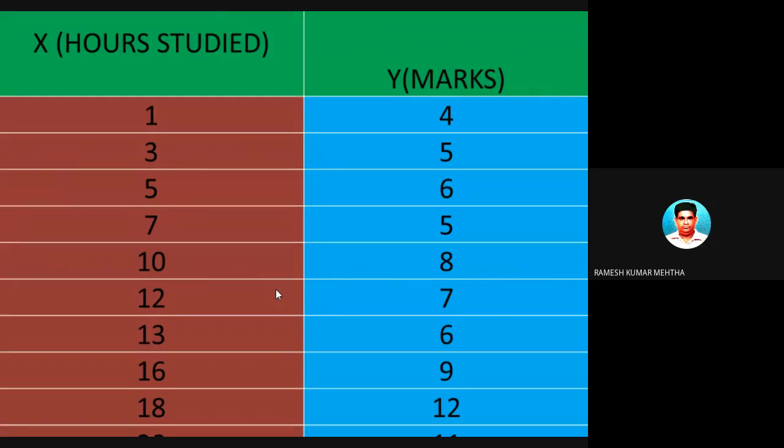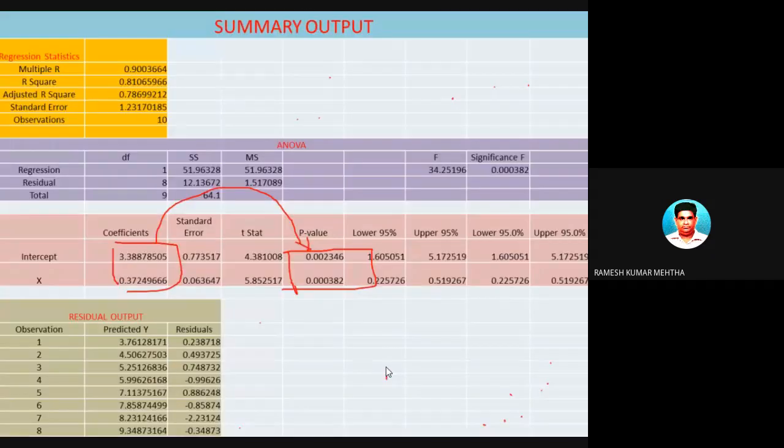This was the data. If you look at the data, the data was 4, 5, 6, 8, something like that. I told you the regression equation in this case is y equal to a plus bx.